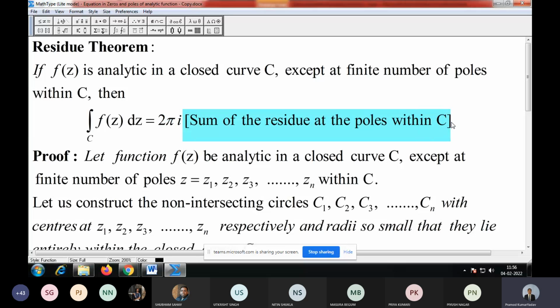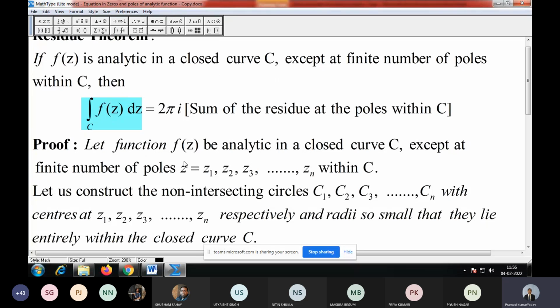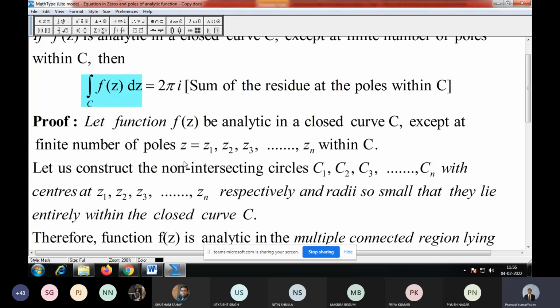Those points which are lying inside C, we find the poles, we find the residues at those points, and then we take the sum of them. Then multiplying by 2 pi i will give us the value of the integral. The proof is very simple. If you have revised all those things, then you can understand the meaning of the sentences.